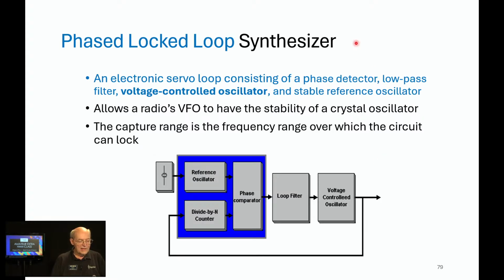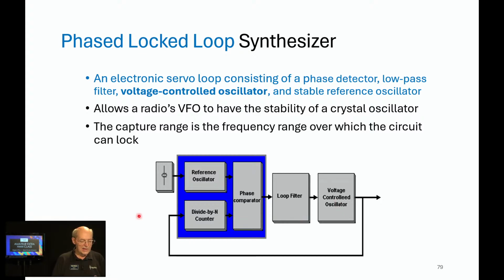So for a phase lock loop, what is it? Well, it's an electronic servo loop consisting of a phase detector, low-pass filter, voltage-controlled oscillator, and a stable reference oscillator. I bolded here, voltage-controlled oscillator. We've got an oscillator that will tend to be drifting all over the place unless we discipline it somehow.